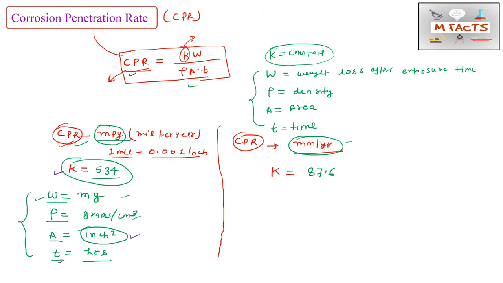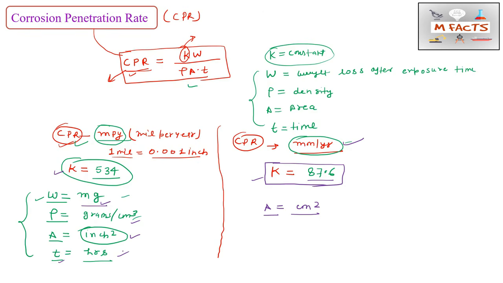And what about when we use K as 87.6 and want to calculate in millimeters per year? Everything will be the same, every unit will be the same, we just need to change the unit of area. Here we take area in centimeter square. We cannot manipulate the units other than this.